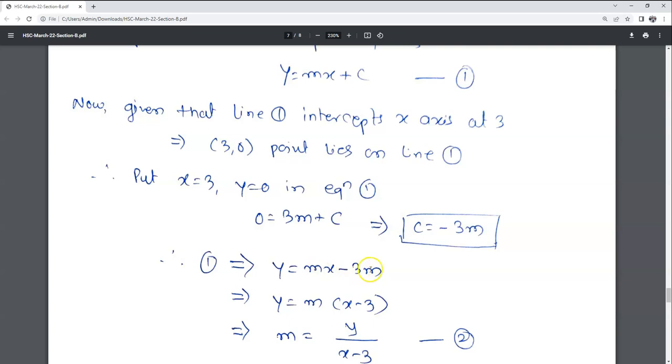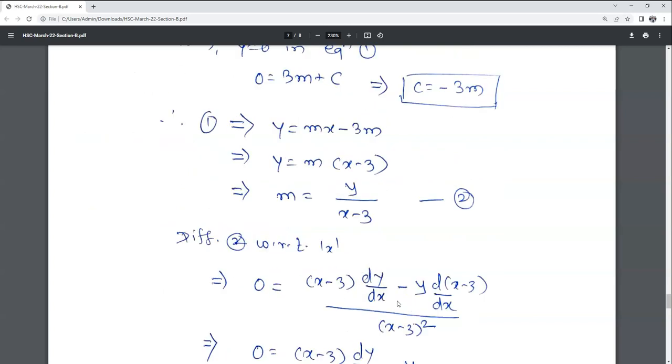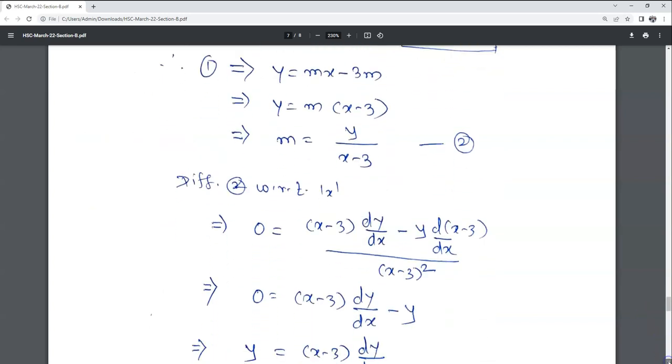Now m common, x minus 3. Now this x minus 3 will go on the denominator side. So m is equal to what? y upon x minus 3. Now to find the differential equation, we need to differentiate this equation.